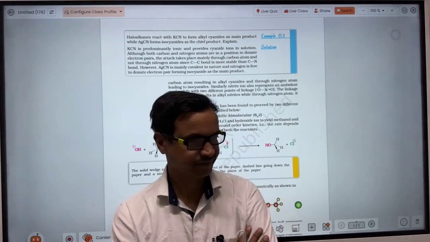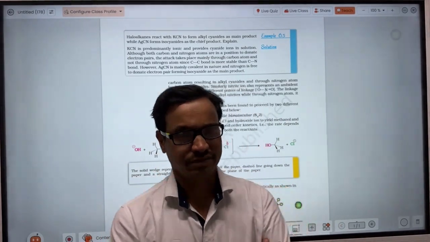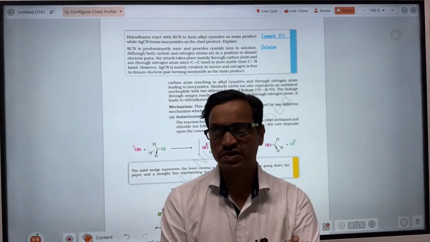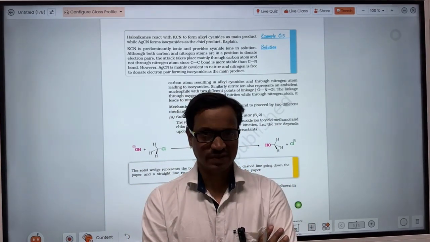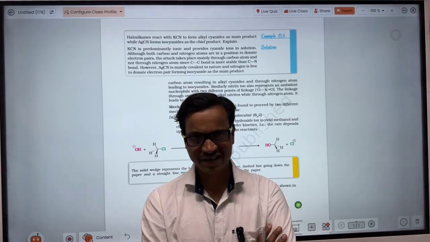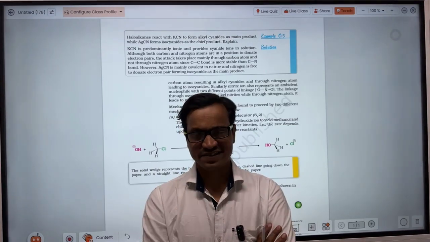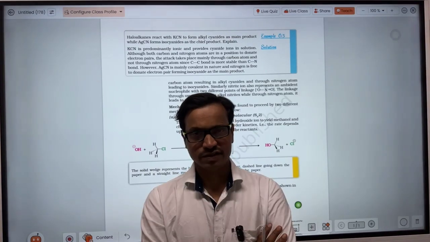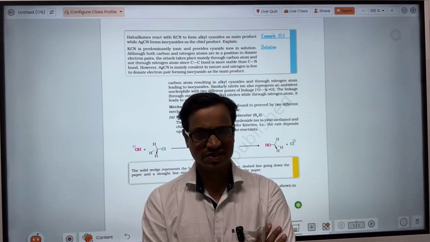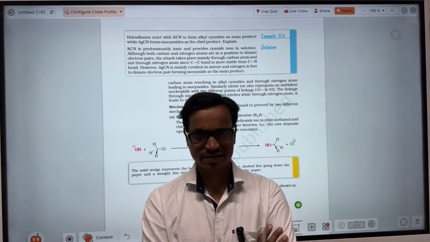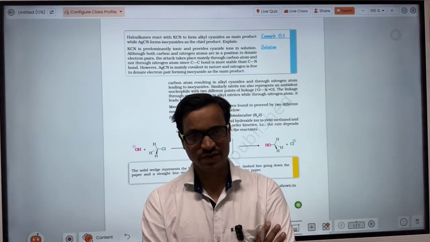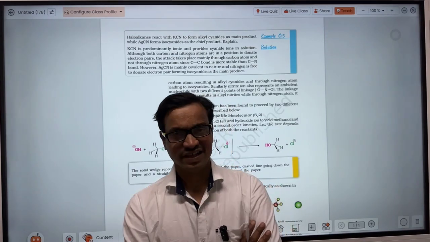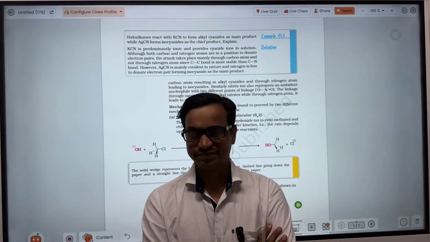So the nucleophilic substitution reaction takes place through two mechanisms, that is the SN1 mechanism and the SN2 mechanism.